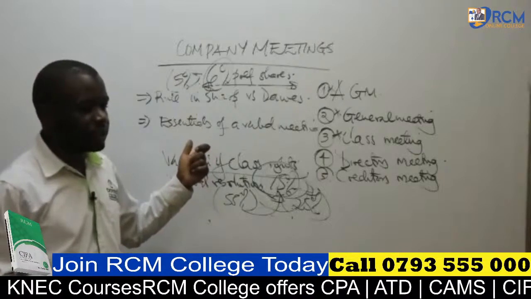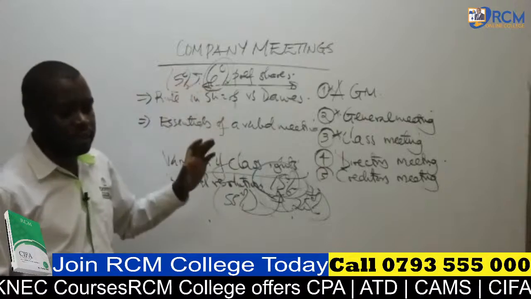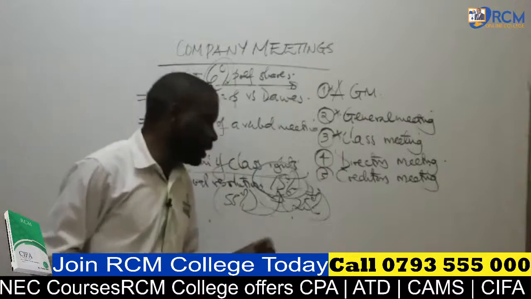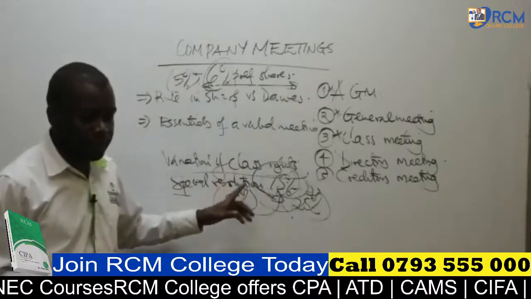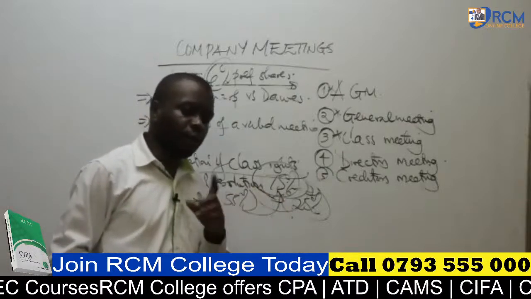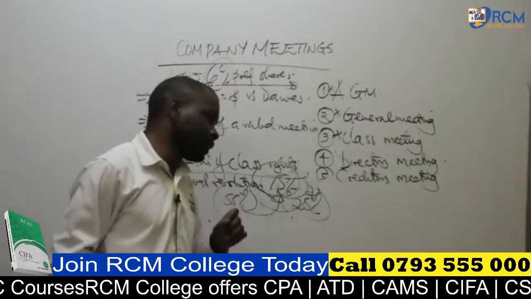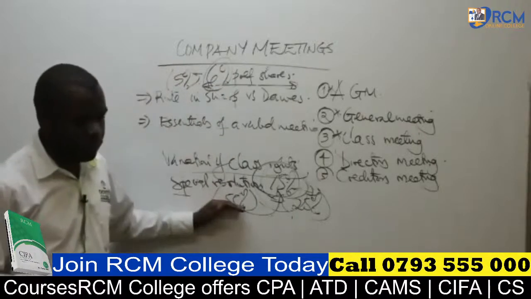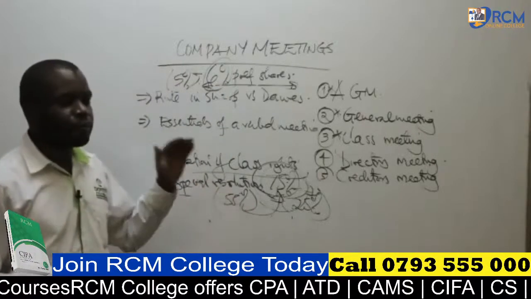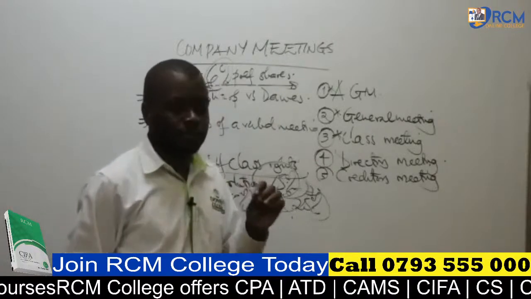So the teacher is saying, for example, to vary the dividends from 6% to 5%, the company will proceed. However, the minority in that class of shares still have a window to object to the variation. How do they do it? This is how they'll do it. They'll petition the court. When you talk about petitioning the court, they provide evidence to the court as to why they don't want the rights to be varied.